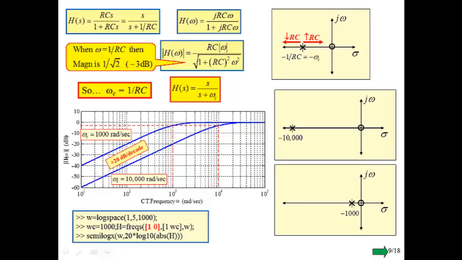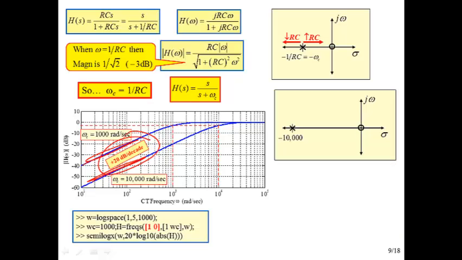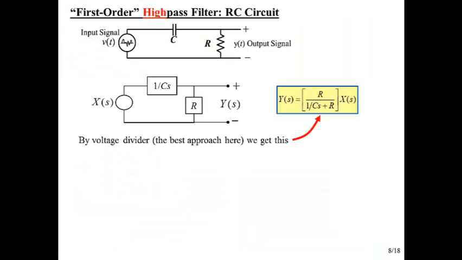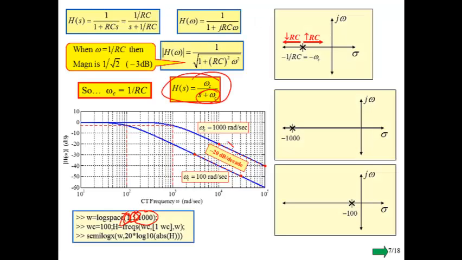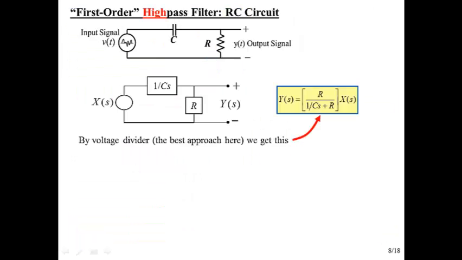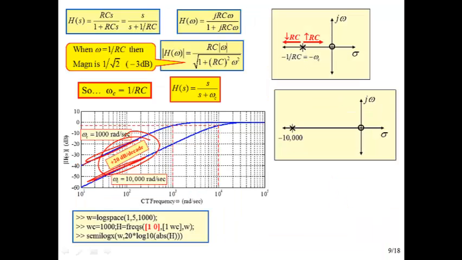And just like we saw for the low pass filter, the slope out here, we're seeing plus 20 dB per decade. If we go back and look at our slope for the low pass filter, it was minus 20 dB per decade. But the important thing is that it's a change of on the order of 20 dB per decade, going down obviously for low pass filters and going up for high pass filters.